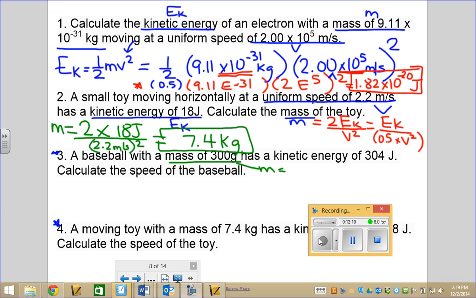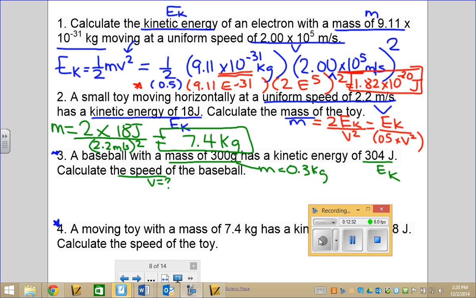Now I know that my mass needs to be in kilograms, not in grams. To go from grams to kilograms, I divide by 1,000. So that means I have 0.3 kilograms. I know my kinetic energy, it's 304 joules, and I would like to calculate the speed.